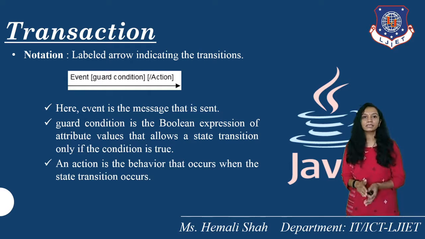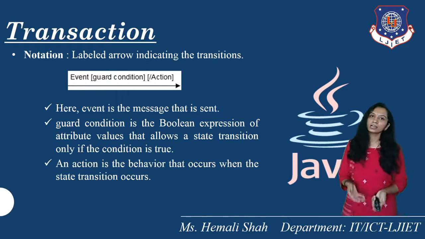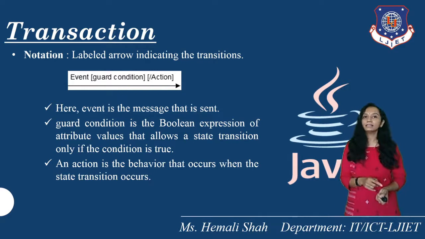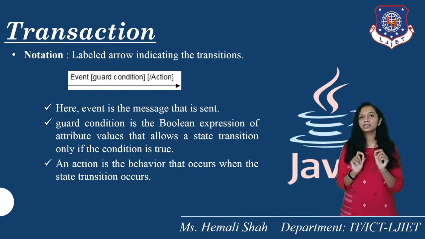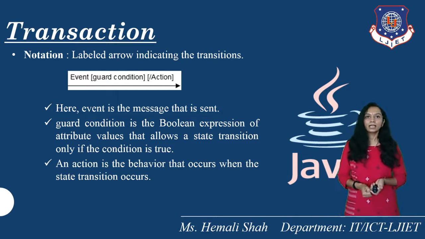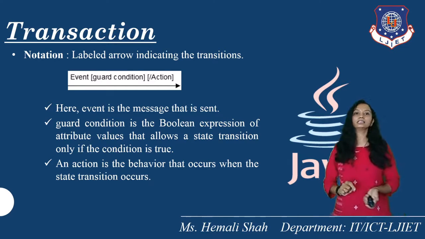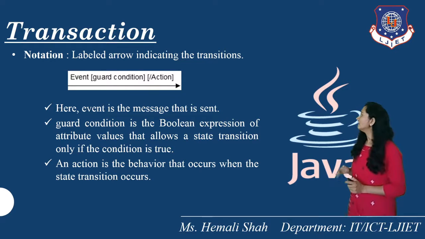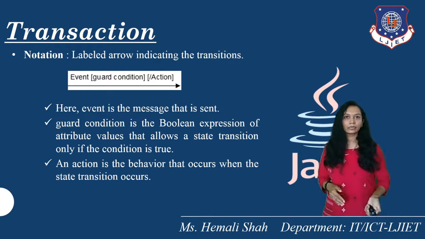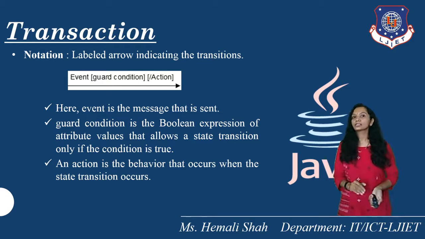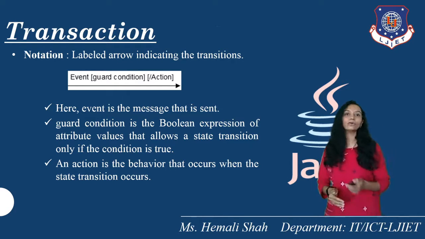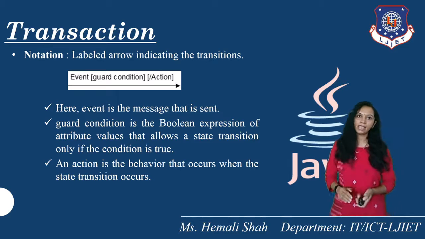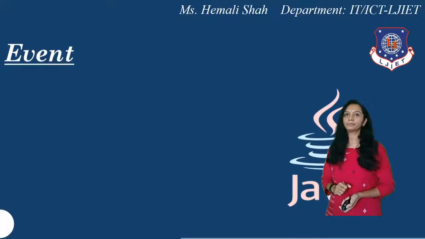And the action is basically a behavior that occurs when the state transaction occurs. So you write your action in square brackets, and you write your guard condition in square brackets, and the event message you can write on the arrow directly. Here the guard condition and action are both optional whenever you are designing your state diagram for a single object, right?